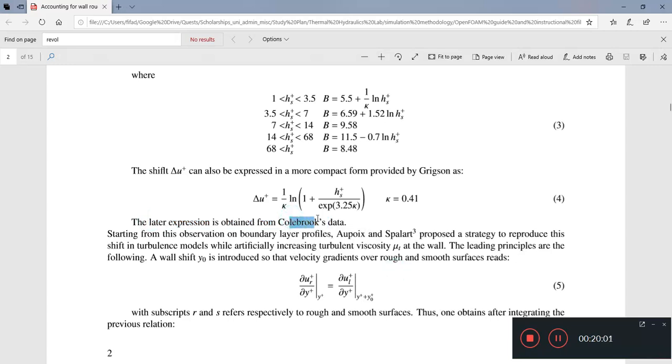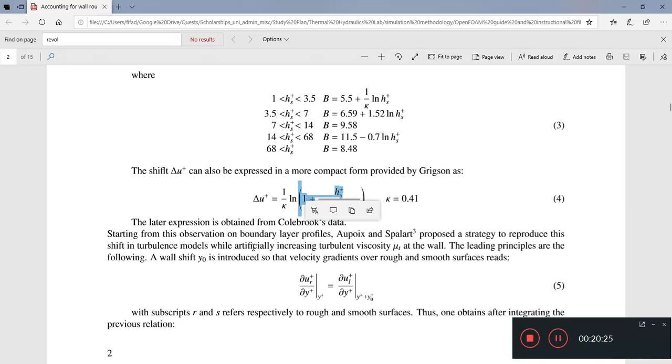So Colebrook did some boundary layer studies with a rough surface. Remember that this expression is just empirical and it comes from Colebrook's data. If that doesn't quite match the setup you're having, then you have to think twice about the accuracy.